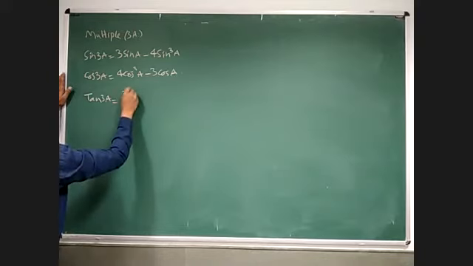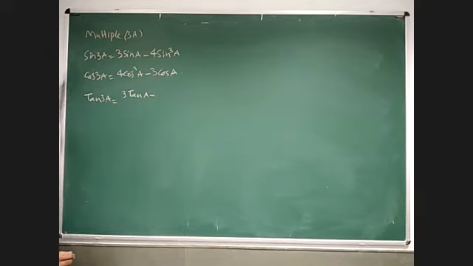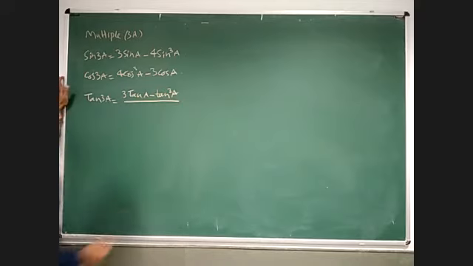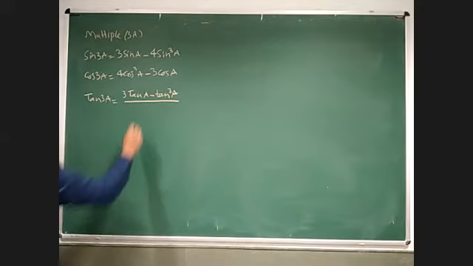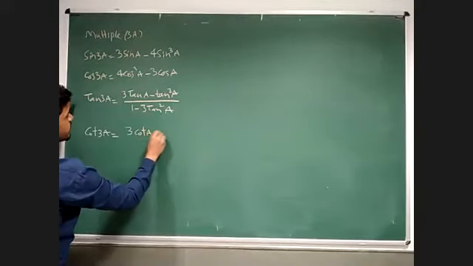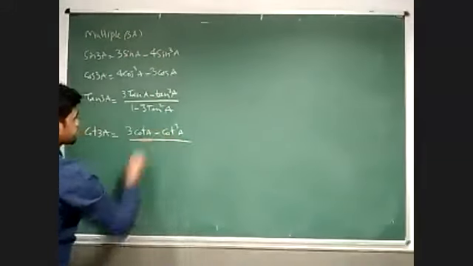Okay, now tan 3A is nothing but 3 tan A minus tan cube A over 1 minus 3 tan square A. Now cot 3A is 3 cot A minus cot cube A over 1 minus 3 cot square A. Okay, so these four formulas you have to know: sin 3A, cos 3A, tan 3A, cot 3A.